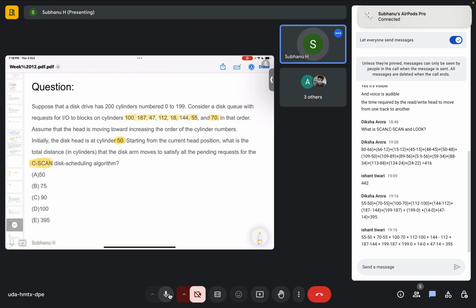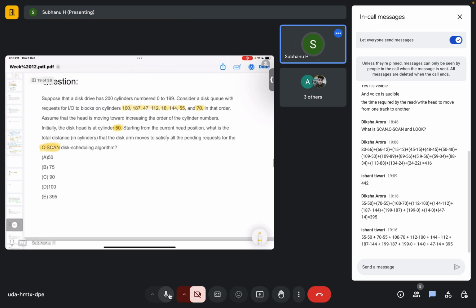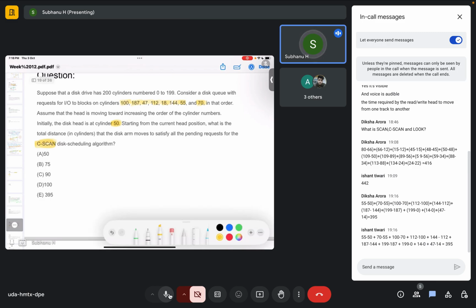Yeah. So 395. C scan. So how will I draw for the C scan algorithm?